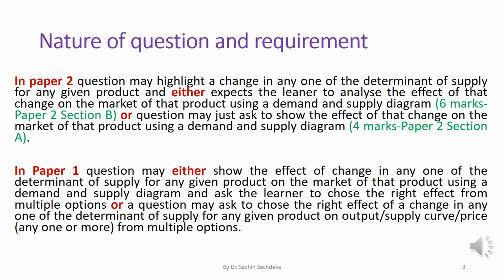Meaning, will the output rise or fall, increase or decrease, or will the supply curve shift to the right or left. Sometimes they may not ask for the supply curve, and may only ask for supply. So will the supply increase or decrease? And will the price fall or rise? Those options will be given to you. It is the multiple-choice MCQ paper that we are talking about. So in paper 1, such types of questions can be asked.